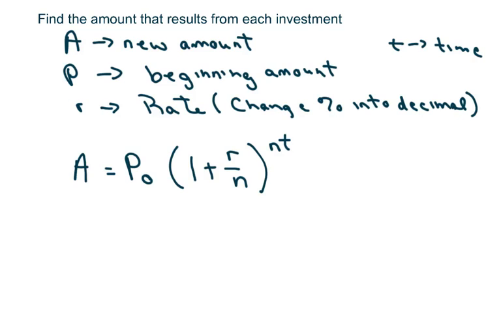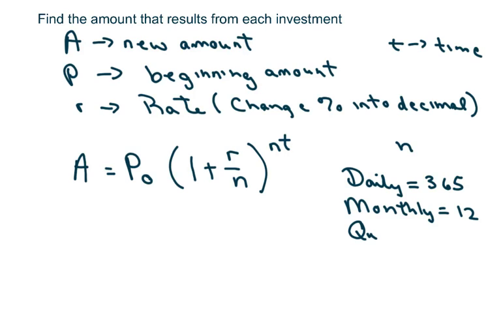Now, your time's going to be based off like daily. That would be your N part. Your N, daily, equals 365 days. Monthly, your N would be 12.